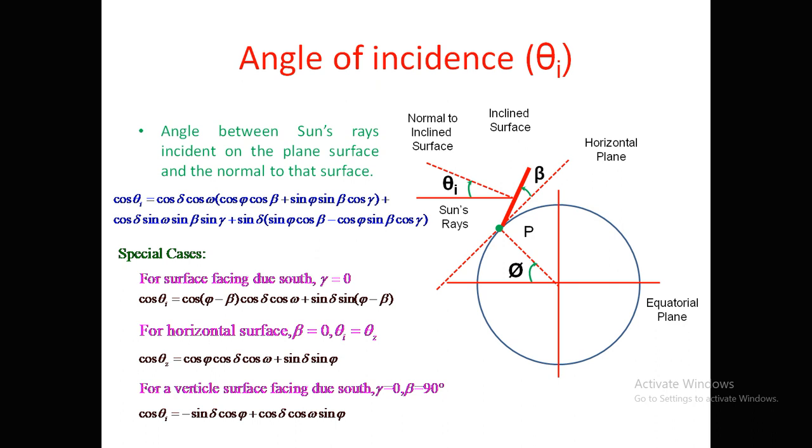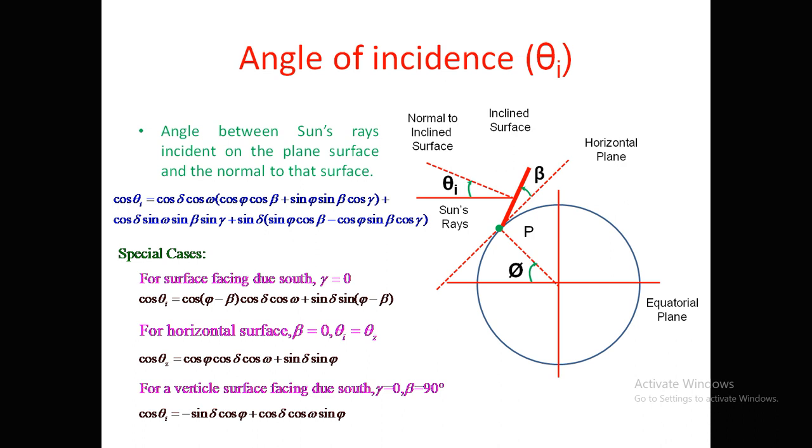So let us quickly recapture all the angles we have studied. The first is the latitude, phi. The second is declination, delta. The third is the hour angle, omega. The fourth is three angles: inclination angle, solar azimuth angle, and zenith angle.